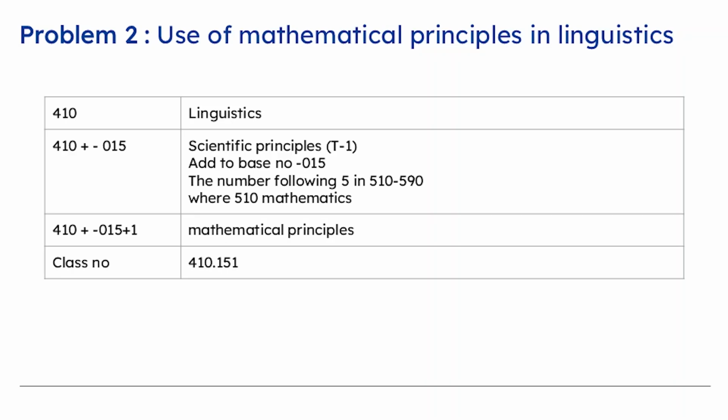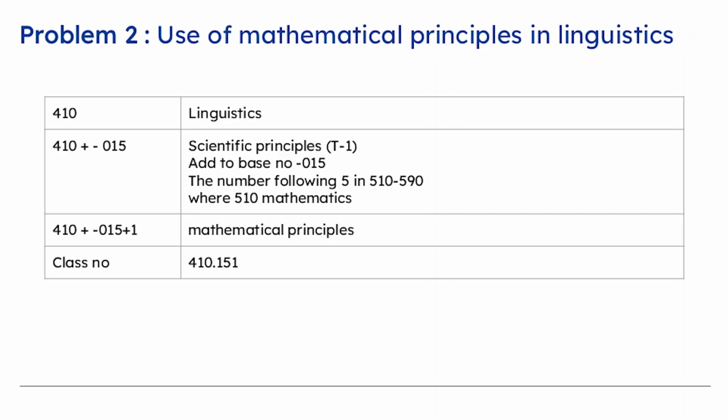So, any scientific principles, when applied in any basic or subdivision subject of the main schedule of DDC, then with the basic subject we have to add -015. So, the basic subject is linguistics, and in this subject mathematical principles are being used.